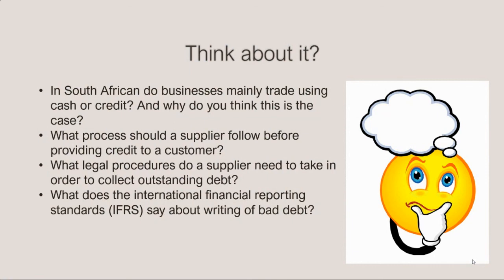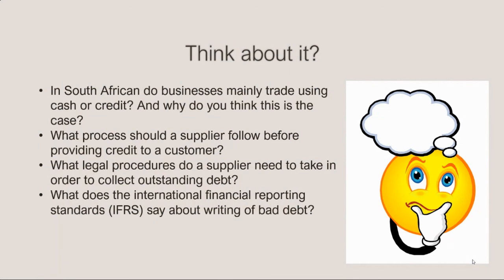So that sale we made is no longer actually a sale, so we have to reduce our profits. And then we are allowed to create bad debt, but only once we have followed all the processes and there's no chance of us ever seeing that money.